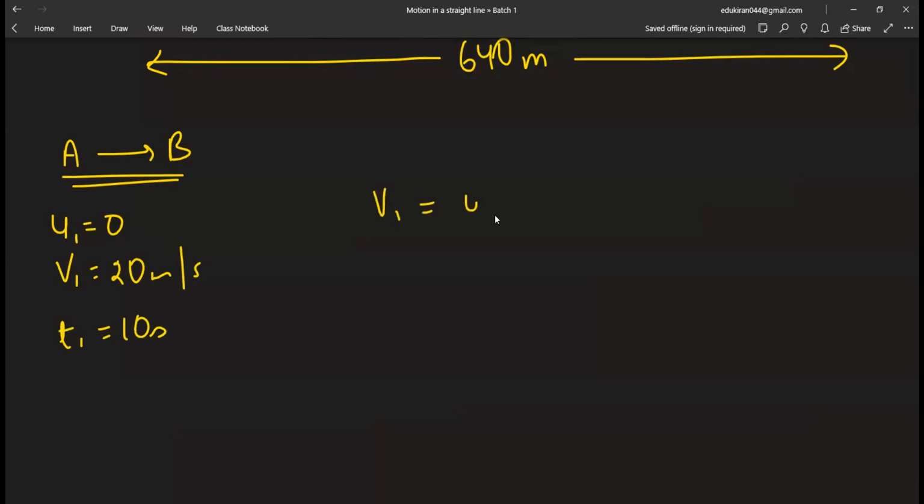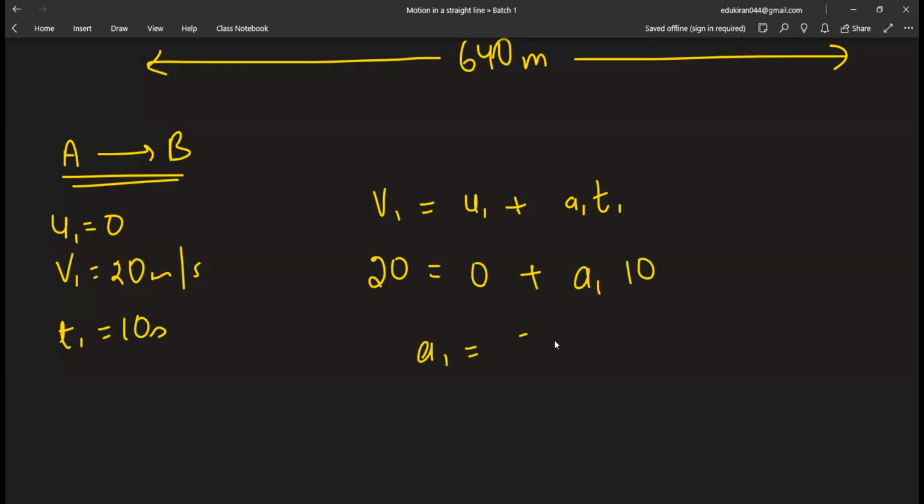V is equal to U plus A into T. So 20 is equal to 0 plus acceleration, which we have to find out, times 10 seconds. So 20 is equal to 10A.